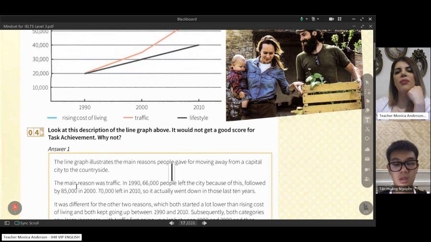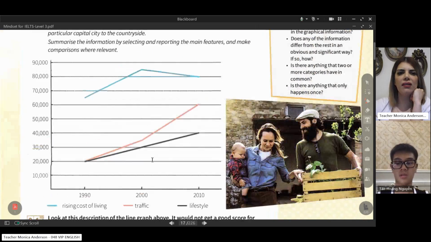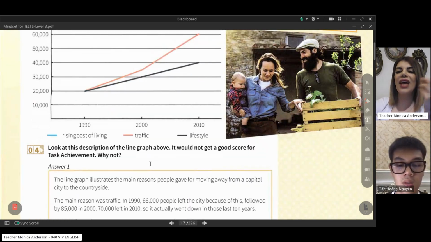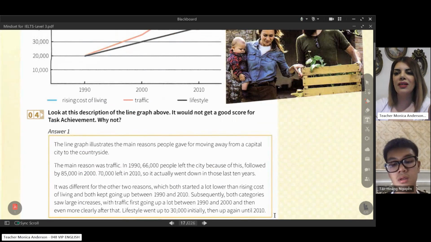Okay, let's check. The main reason was traffic. The main reason really was traffic? Definitely no. Traffic is the second reason. The main reason is rising cost of living. We have a misreport. So data is reported incorrectly. It's not correct. So by mistake.